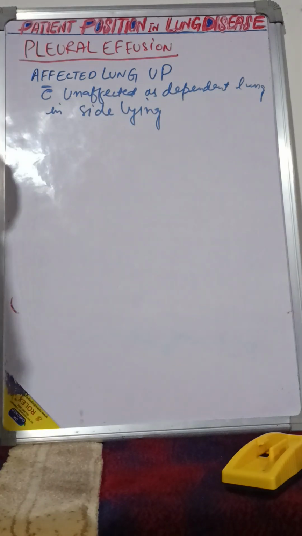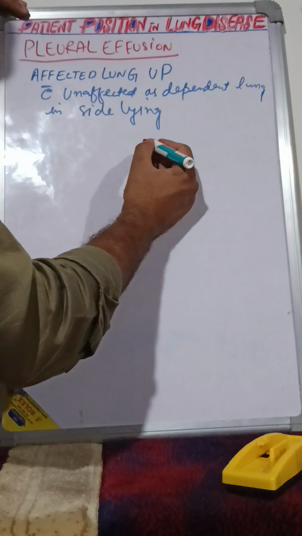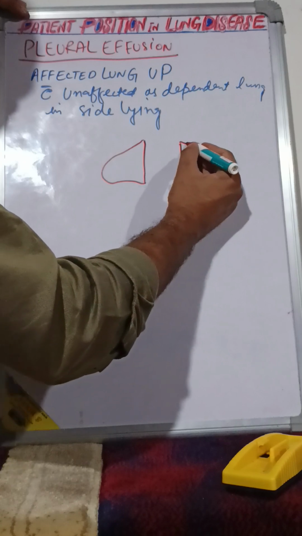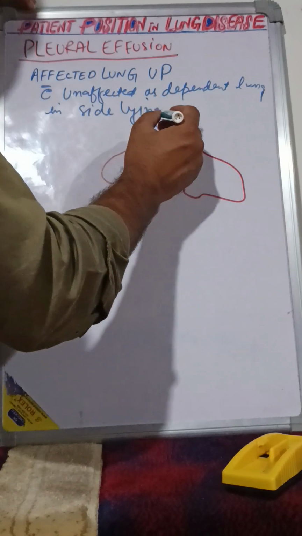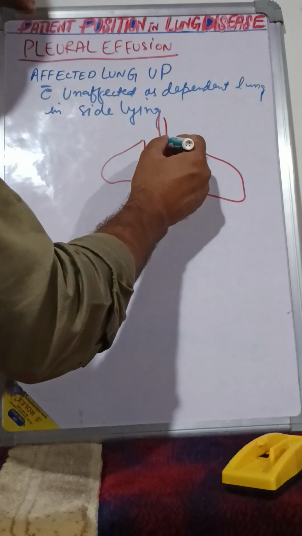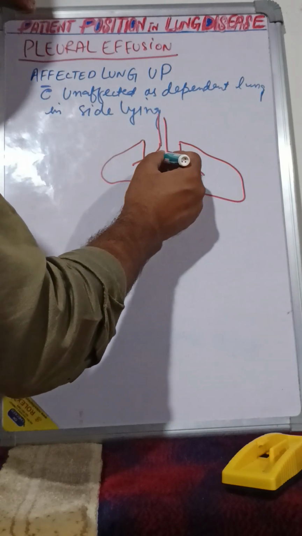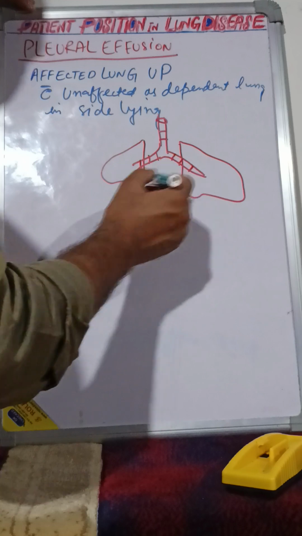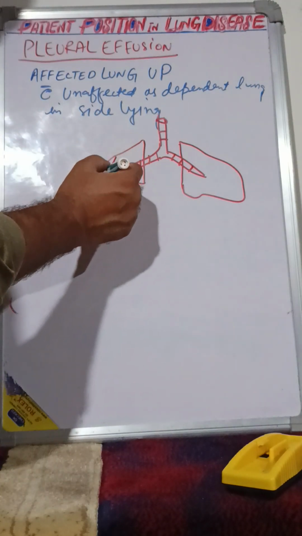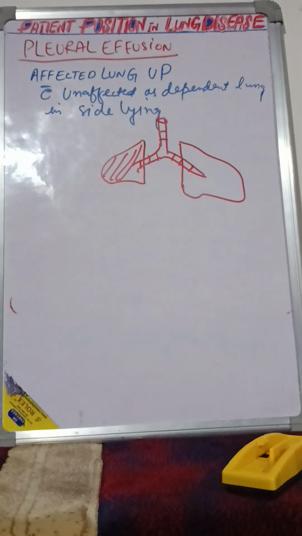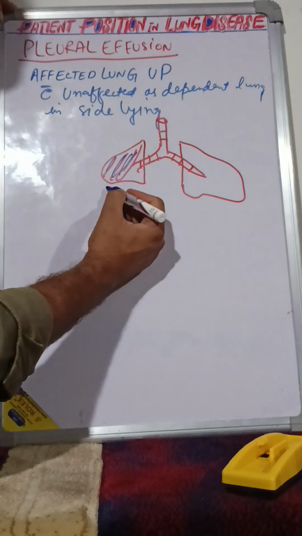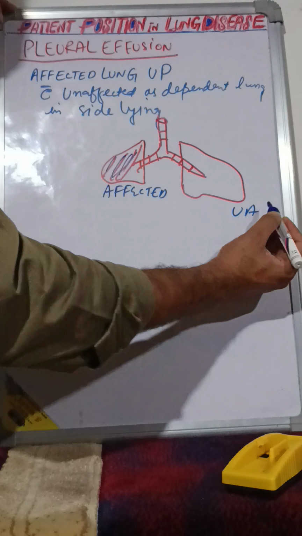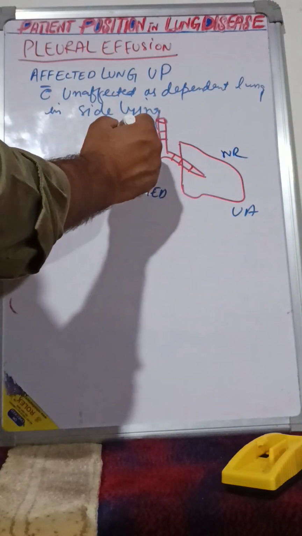For example, if these are the two lungs of the patient, this is the trachea, these are two principal bronchi, and if this is the affected side lung, and this is the unaffected or normal lung, the pathological lung.